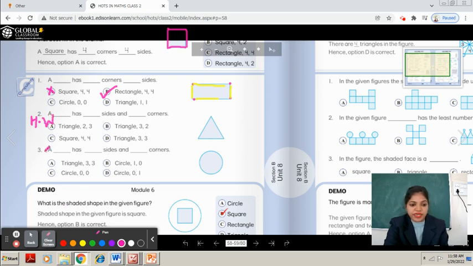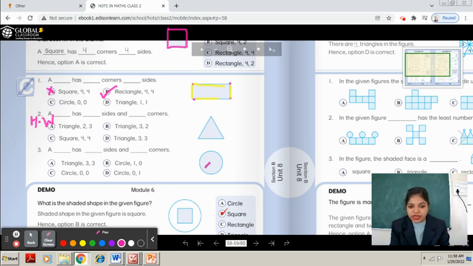Now the next one we have: a dash has dash sides and dash corners. What is this? This is a circle. In the circle there is no side and no corners, means it has zero sides and zero corners, because it is a round figure, right?